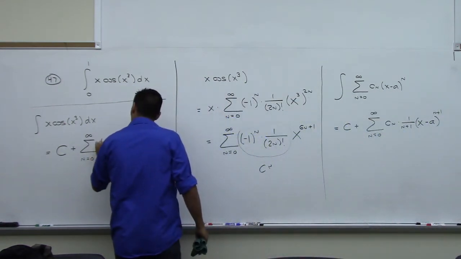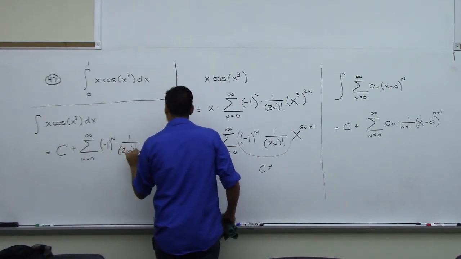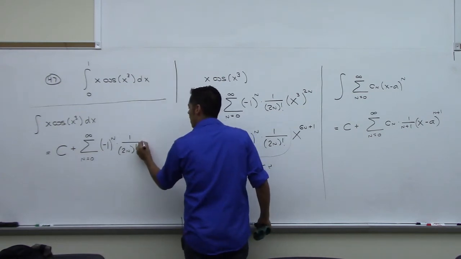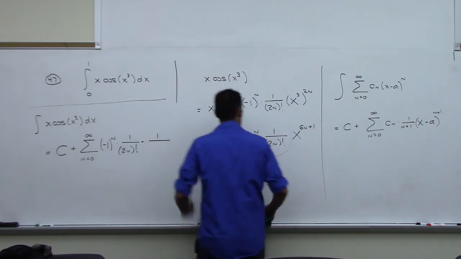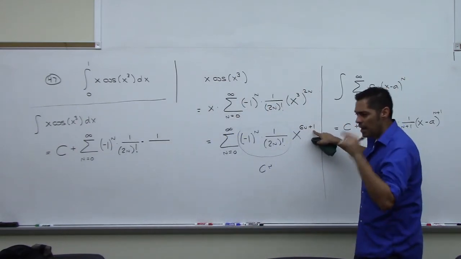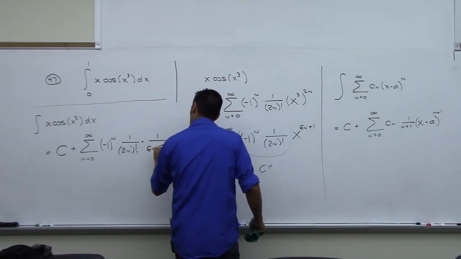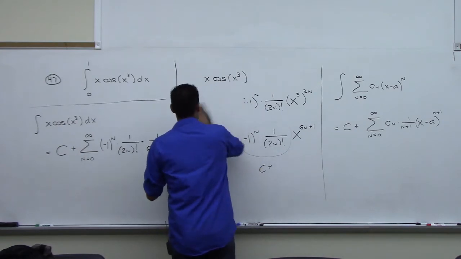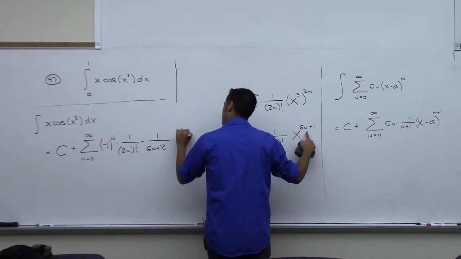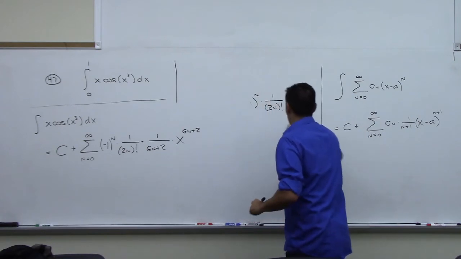So I should have negative 1 to the n times 1 over 2n factorial. And then the important part, I need to scale this by 1 over whatever this power is plus 1. So 6n plus 1, add 1 to it, you get 6n plus 2. And then we have x to the 6n plus 2. All right, and that is my antiderivative.